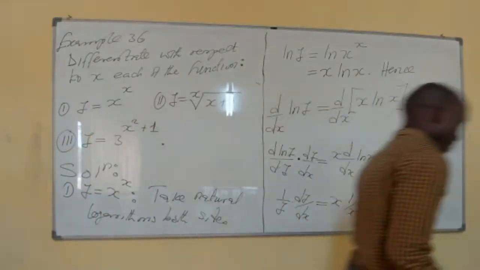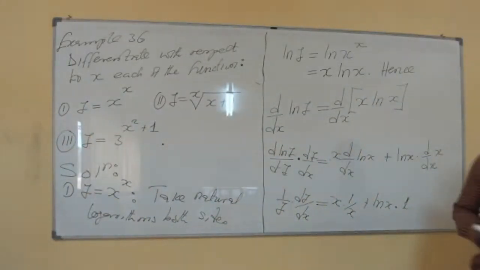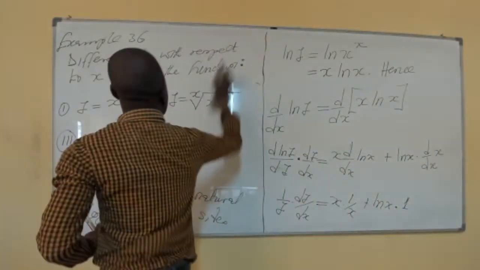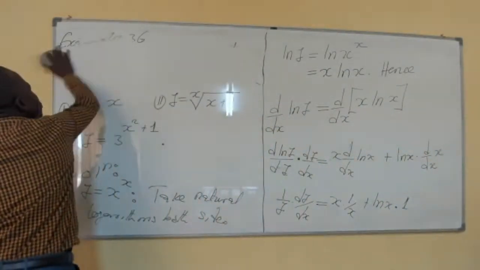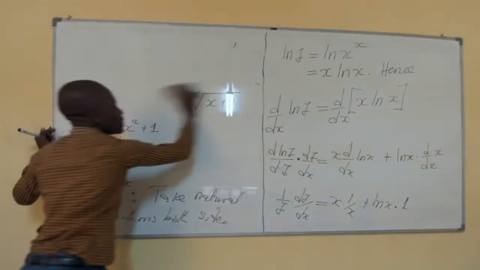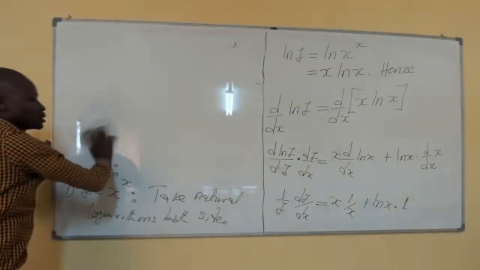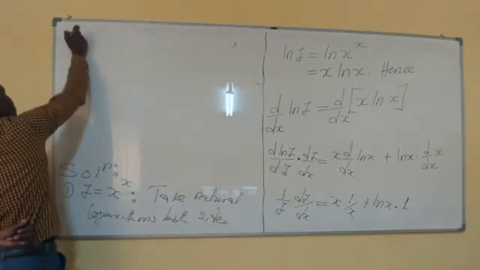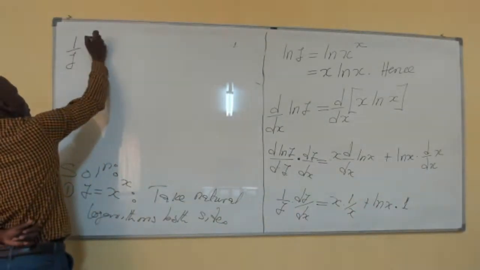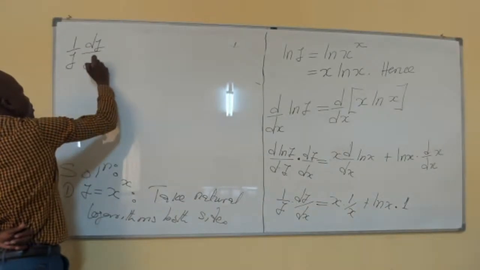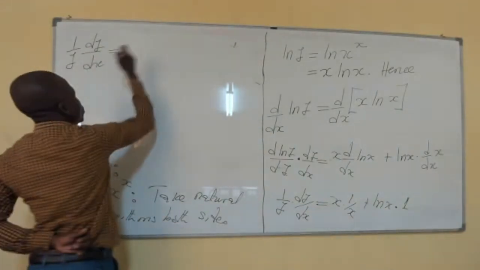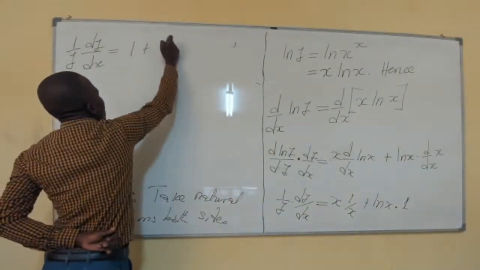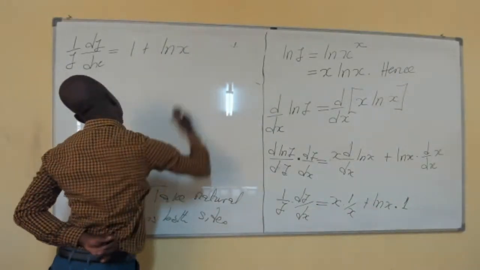Okay, now after writing that, what we're supposed to do is solve and simplify. When we simplify, we have 1 over y dy/dx, which is equal to 1 plus ln of x.